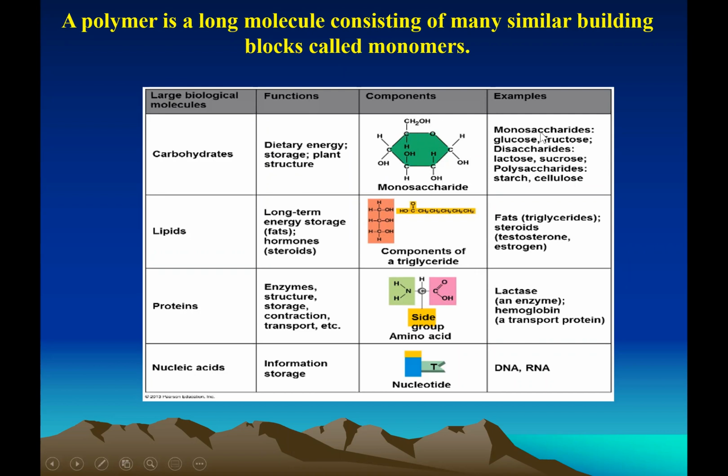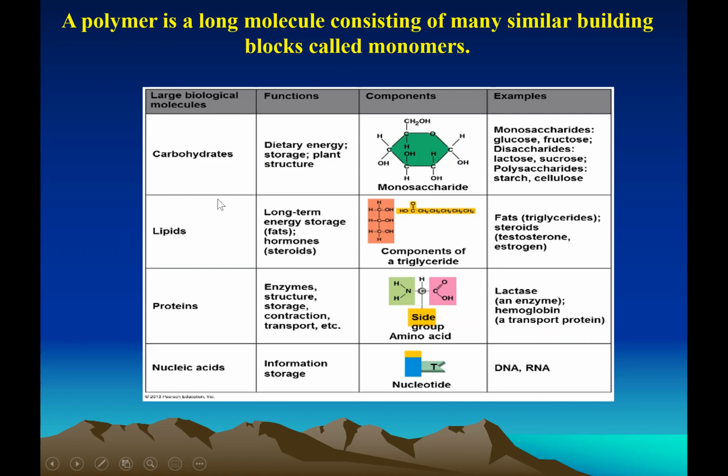They are all monosaccharides. If it's 2 sugars, it is called a disaccharide, like sucrose, which is 1 molecule of glucose and fructose. A polysaccharide is a long chain of monosaccharides. So the carbohydrates' main function is energy, and in animals and in plants, it gives structure.